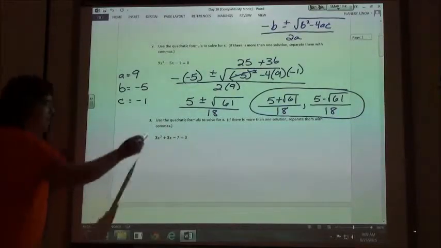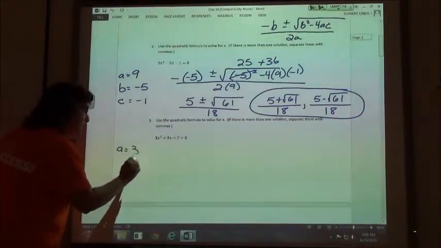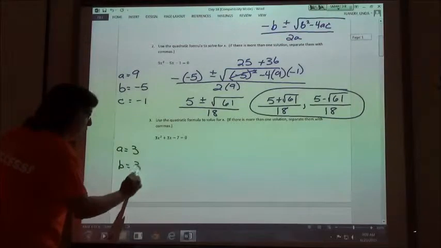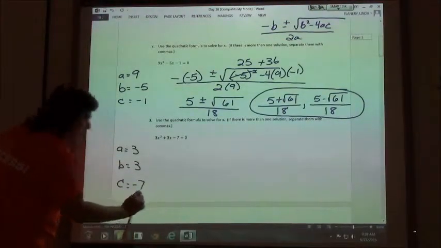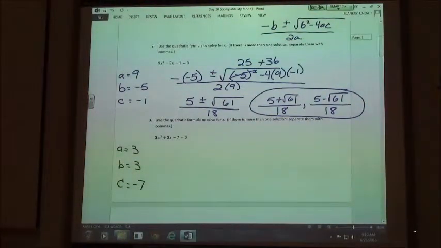Third one here. My a value is going to be 3, my b value is also 3, and my c value is negative 7. So if I plug those into the quadratic formula, what would I have?